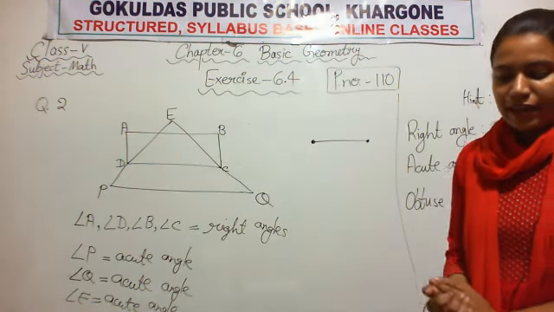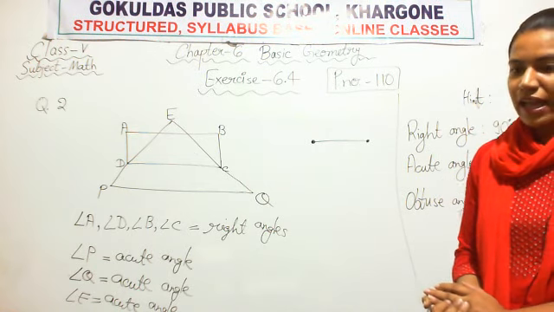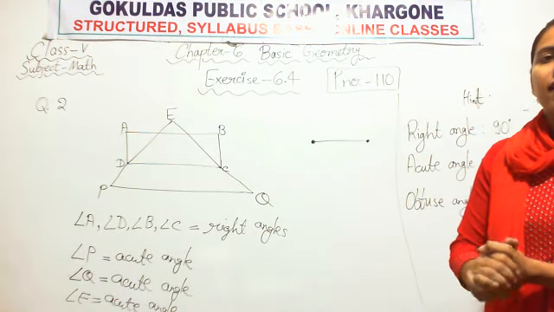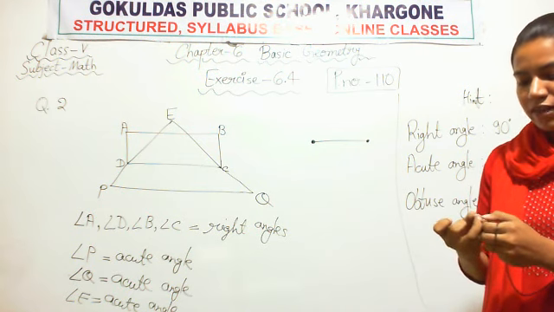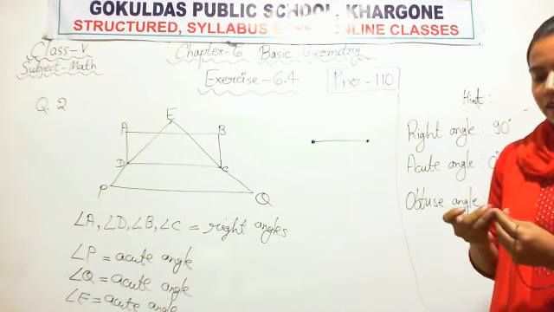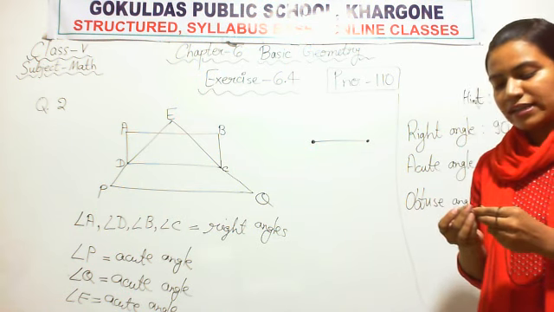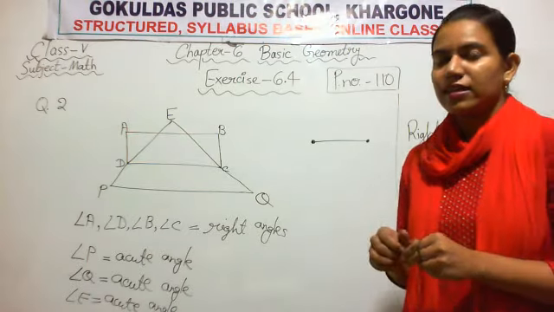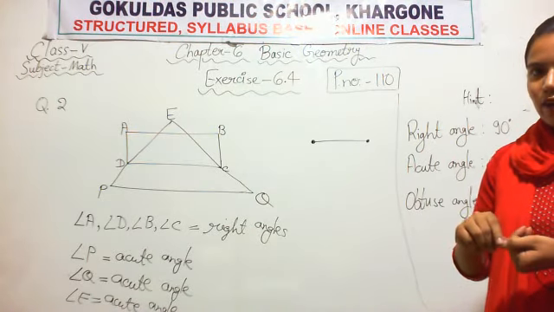Next, an angle whose measure is 120 degrees is a blank angle. 120 degrees will come between more than 90 and less than 180. So what kind of angle is it?